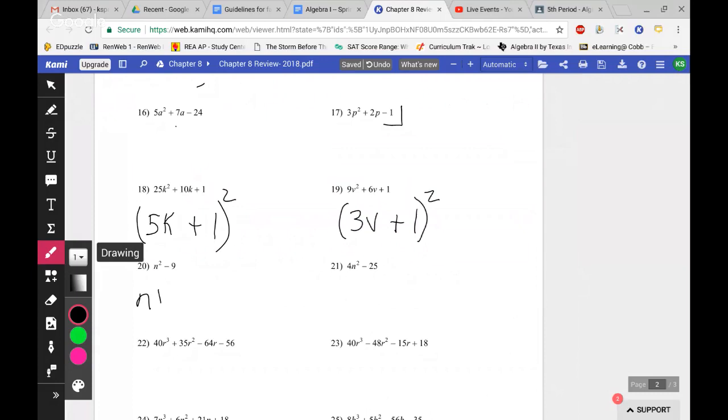Okay, so then the pattern is you're going to have an n plus 3 and an n minus 3. When it's a difference of two squares, you just put the square root of each of them in parentheses and separate one by a plus sign and one by a negative sign. It's a pattern.